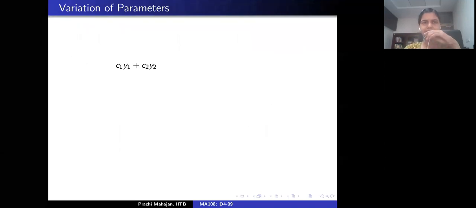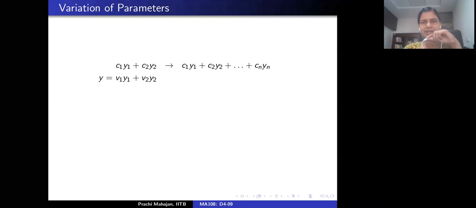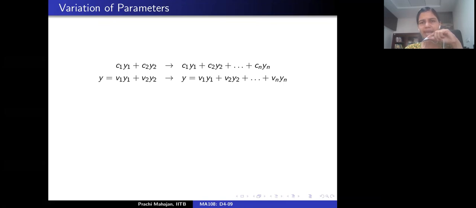Let's see. So if we compare notes with the order 2 situation, then this is what we are doing, right? The basis of solutions y1, y2, yn of the associated homogeneous equation, and we are to find n unknown functions v1, v2, vn.